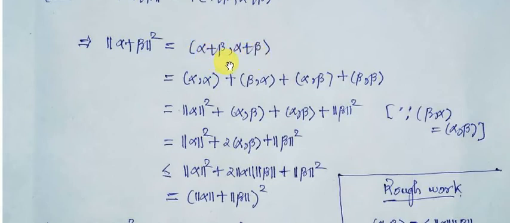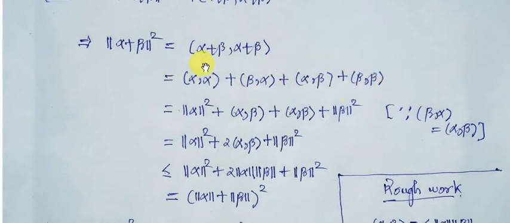So this will be in such form: alpha comma alpha, this is first; next is beta comma alpha; third one will be alpha comma beta; and fourth one will be beta comma beta. Let us see again what we have done in this line.